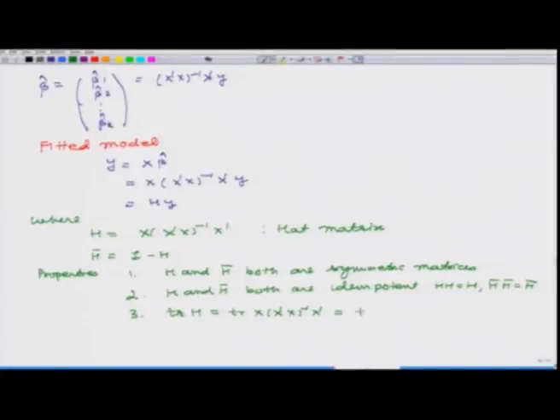So, I can write this as trace of X transpose X whole inverse X transpose X, which is trace of I k, an identity matrix of order k by k. So, this trace is k. Similarly, trace of H bar is trace of I minus H, that is, trace of the identity matrix of order n by n minus trace of H, which comes out to be n minus k. These are some results that we will be using later on.